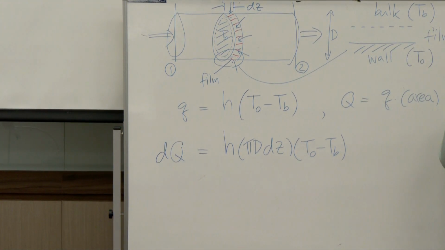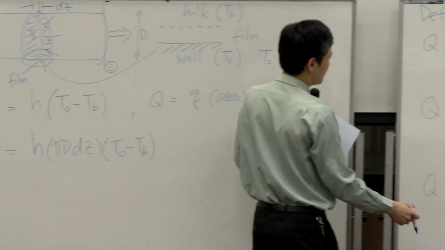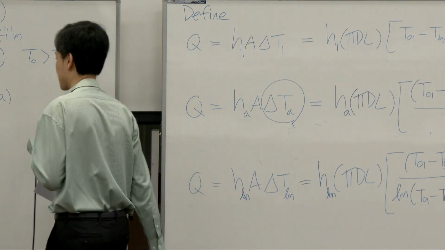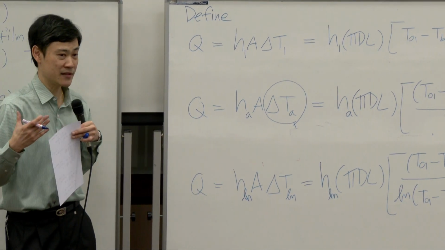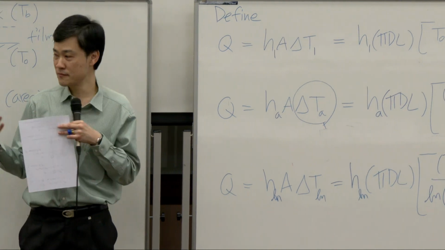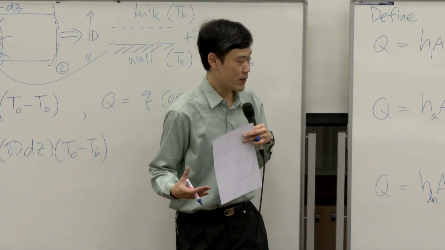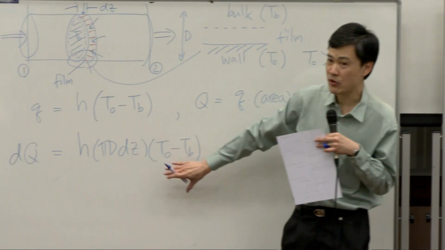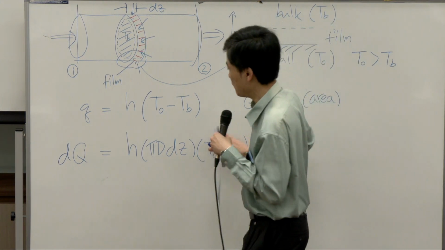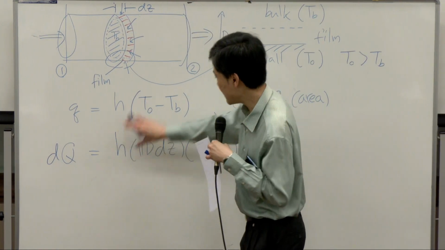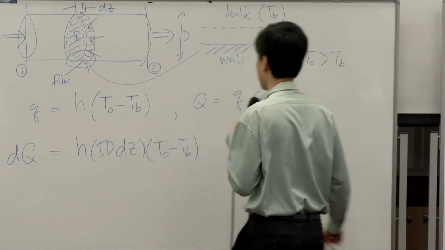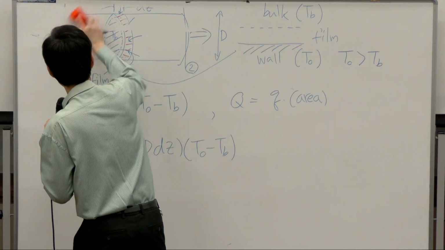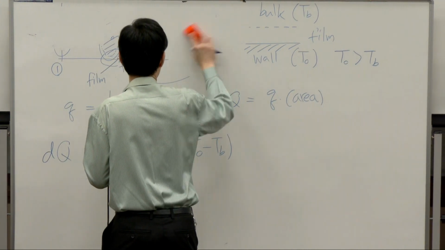According to the formula, of course, it would be correct, but it's still missing the way to find H. So in order to make things a little bit more harmonious, we need to find H from the microscopic balance. That's why this chapter is called interphase heat transfer. We do a microscopic balance and somehow link this one to the macroscopic balance. Okay? So I'm going to show you this way to do the comparison using an example.